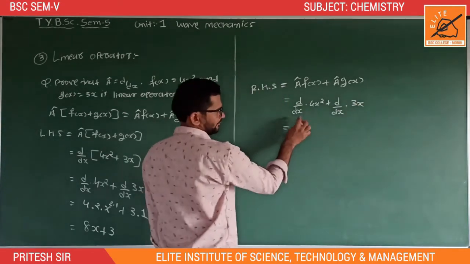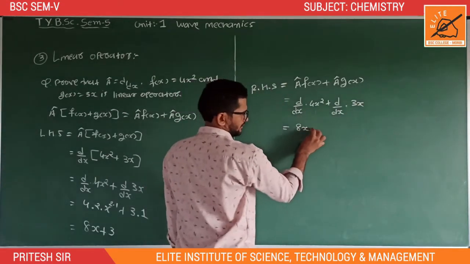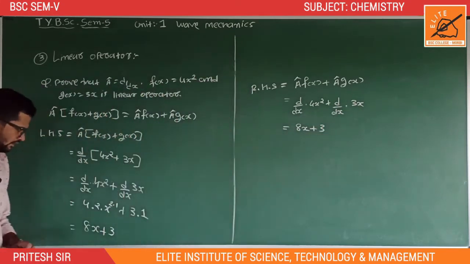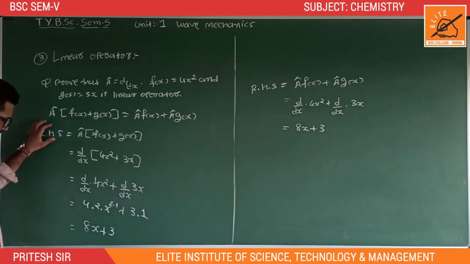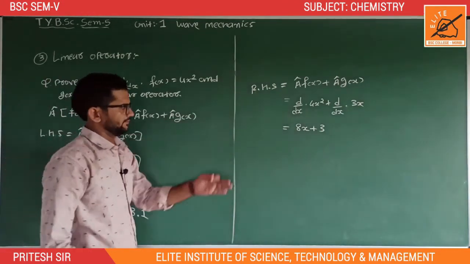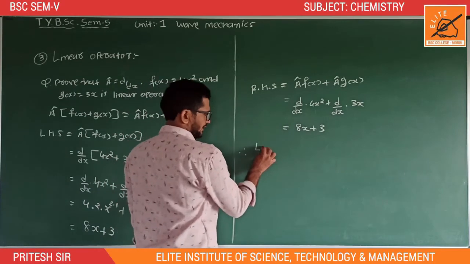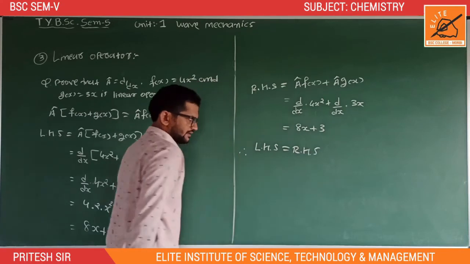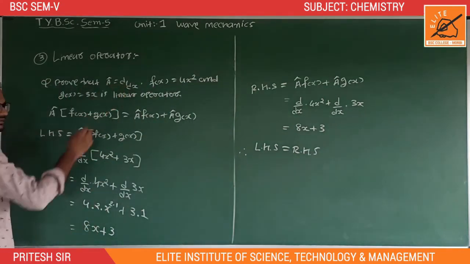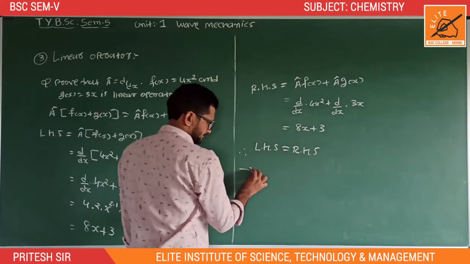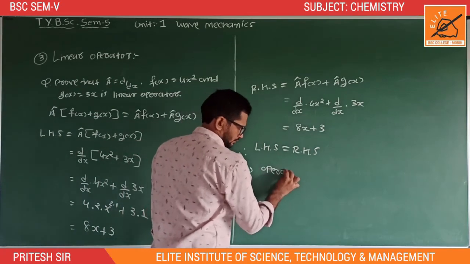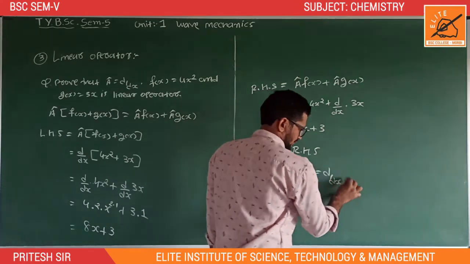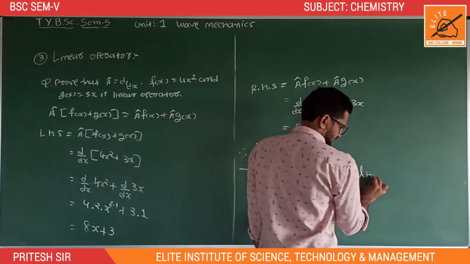Now d by dx of 4x square is equal to 8x plus d by dx of 3x is equal to 3. So we can see that the values of LHS and RHS are both the same. Here LHS is equal to RHS. It means the operator A cap equal to d by dx is a linear operator.